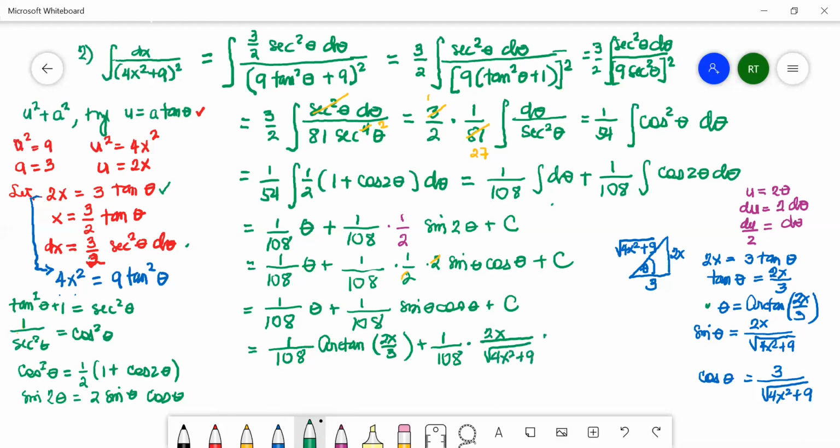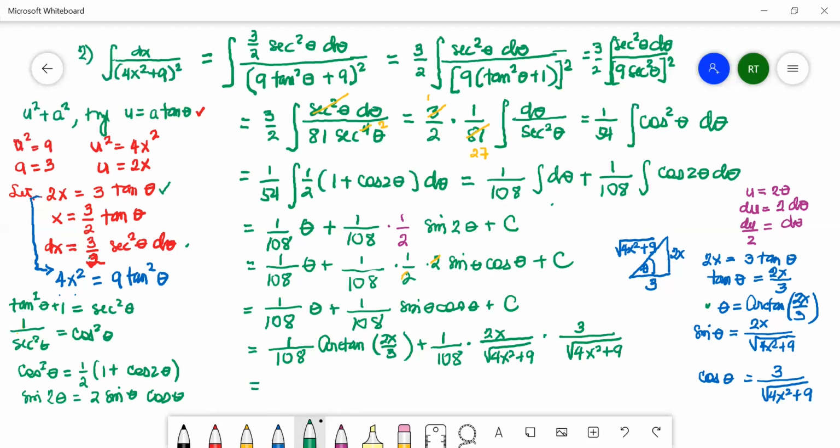And cosine of theta is 3 over the square root of 4x squared plus 9. Okay, so let us try to simplify.